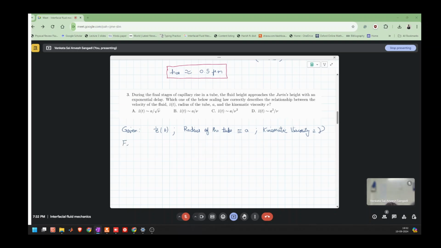We are asked to find the scaling between z dot and a function of radius and kinematic viscosity.